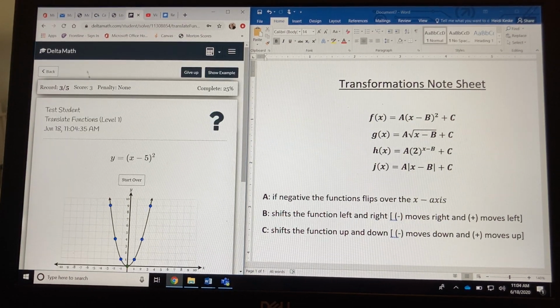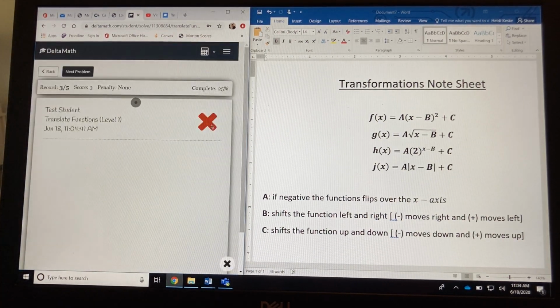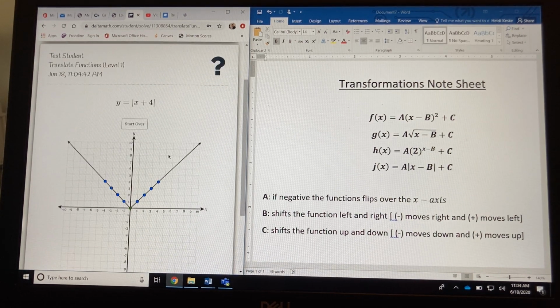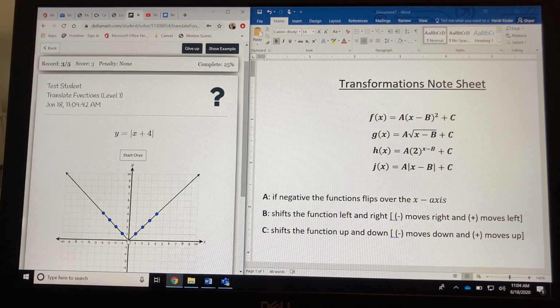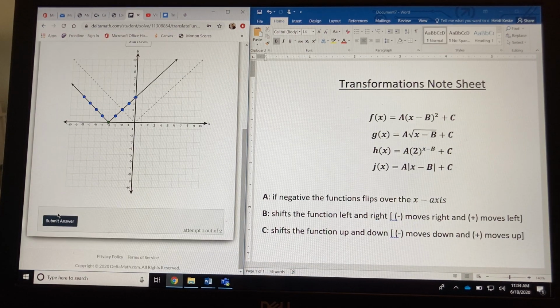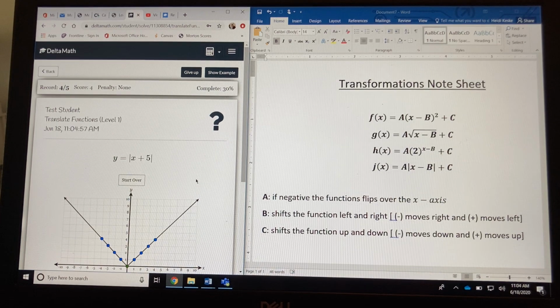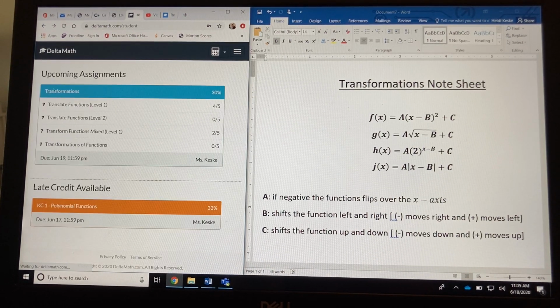So let's see one more if we can get an up and down. Maybe these are all just left and right. So this one plus 4 again would be moving to the left 4. So that is the first problem type, level 1.